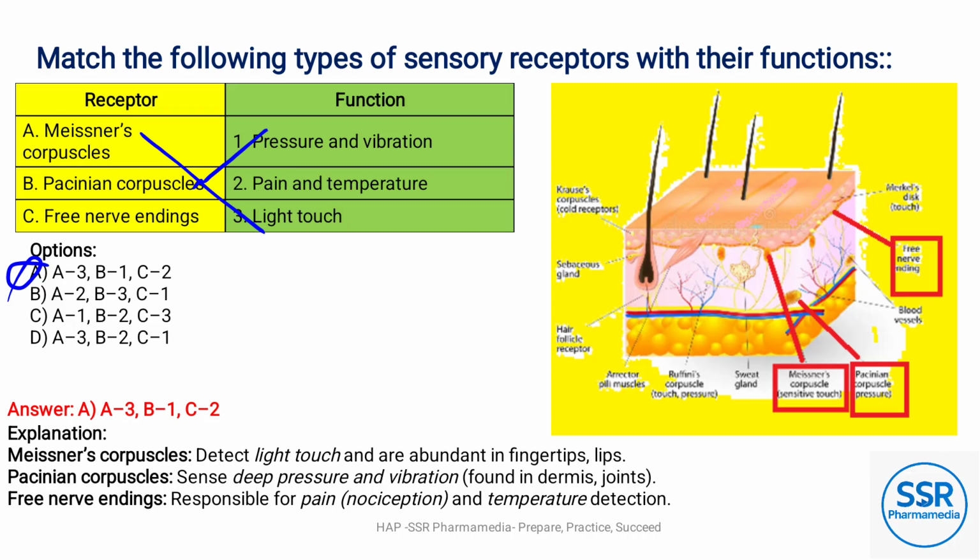Free nerve ending is pain and temperature. Meissner corpuscles detect light touch and are abundant in fingertips and lips. Pacinian corpuscles sense deep pressure and vibrations. Free nerve endings are responsible for pain, nociception and temperature detection.